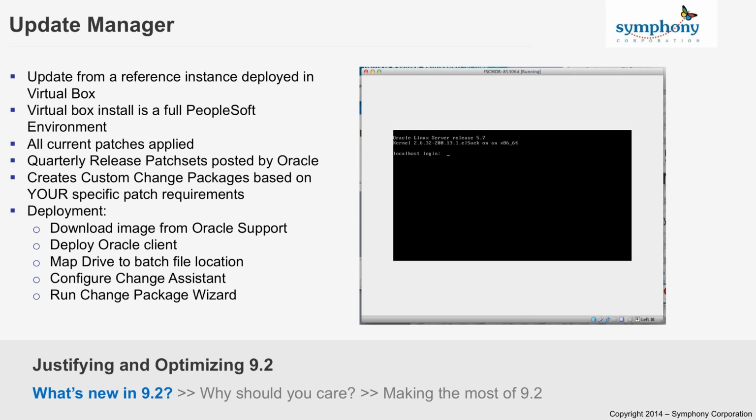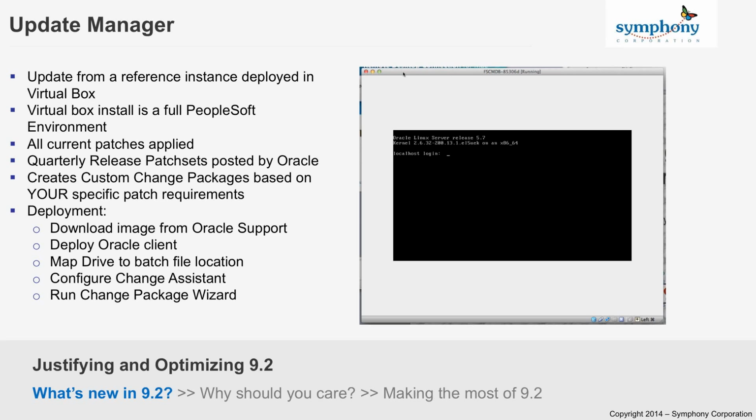Instead of deploying bundles monthly or maintenance packs quarterly, Oracle is providing reference VirtualBox images of fully patched PeopleSoft environments. And if you look at the screen print, this is what a VirtualBox Oracle Linux looks like. It's not much to look at right now.